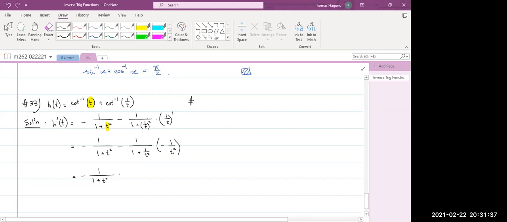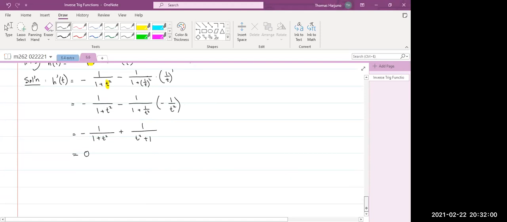And then the negative with negative becomes plus here. On the top, 1 times 1 is 1. At the bottom, t squared times that expression is t squared plus 1. But they are actually the opposite terms, so the sum is 0. I mean, the derivative is 0. Now, this actually implies something, though.